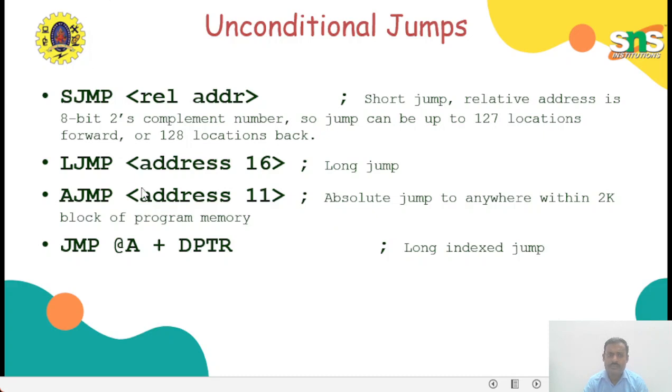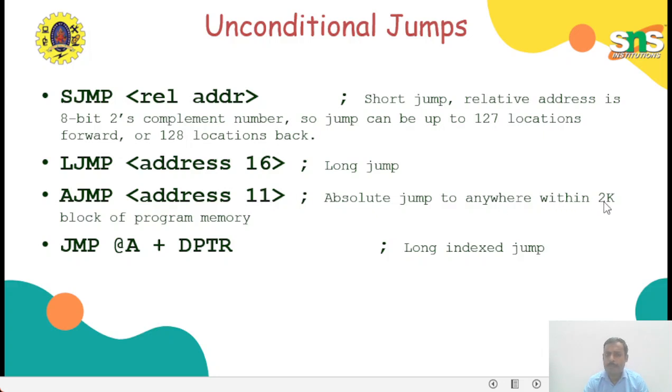Here also we use only 1 byte for the operand, but we get an address of 11 bits. How is it possible? The remaining 3 bits of the opcode byte are used for the address. That 3 bits plus the 8 address bits, totally 11 bits, are used for the address.